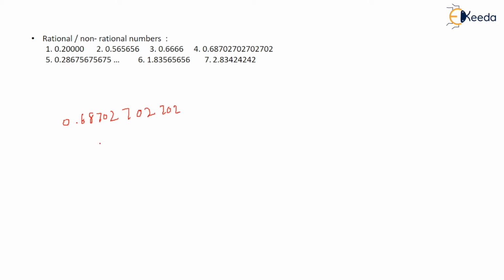0.68702702702. So which number is repeating? Just on top of it you have to put a bar. Okay, so after that what you have to do, 68702 minus the number which is not repeating, 68 is not repeating, so 68 upon how many nines will be there, nines will be equivalent to the number of digits reoccurring.